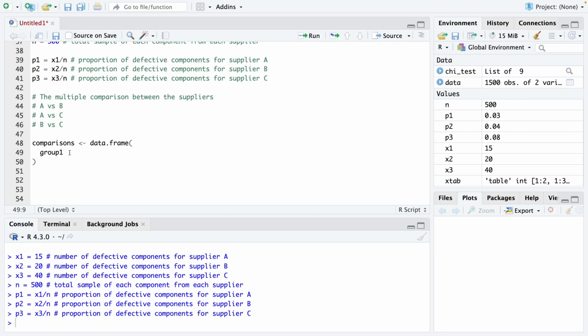In order to make sure that everything comes out in the table, we use c(): A, A, and B. Then group two is B, C, C.